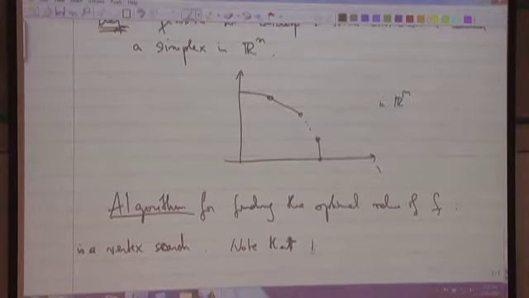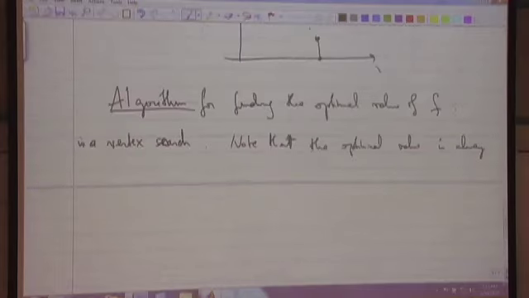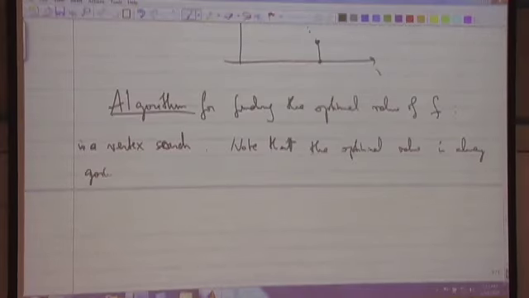So note that the optimal value is always going to be achieved at a vertex.